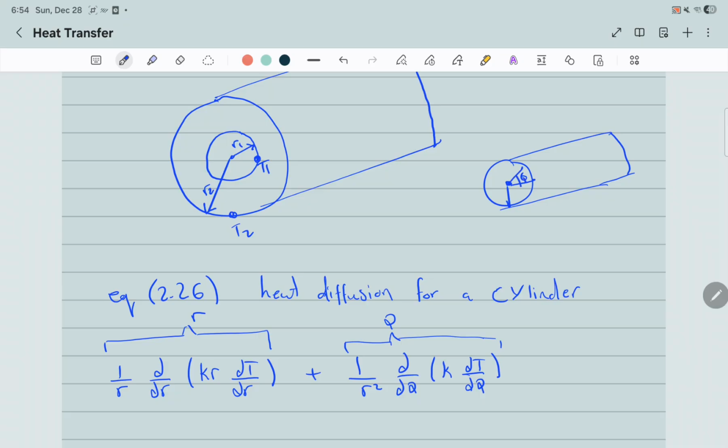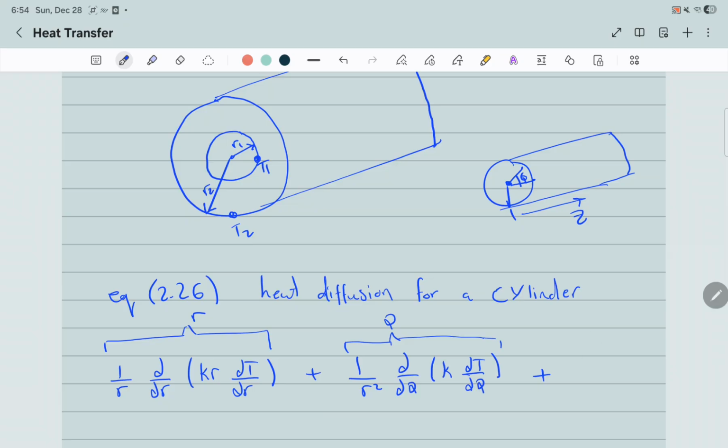That here is theta, an angular direction, which this term represents. The third direction is the z direction, which is the axial direction of the cylinder, which is the third term.